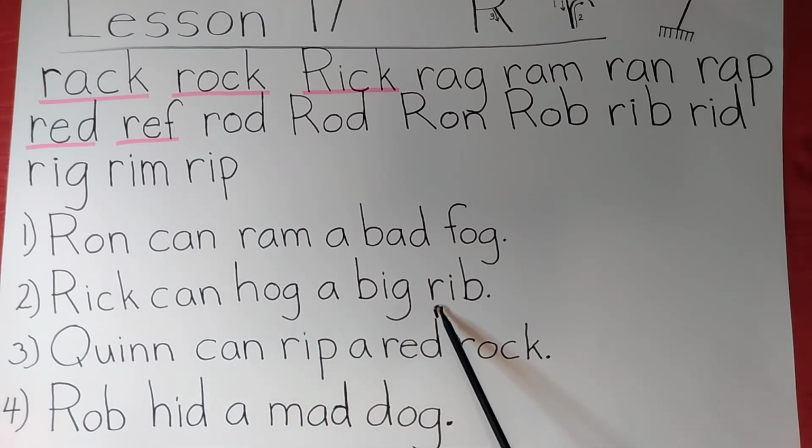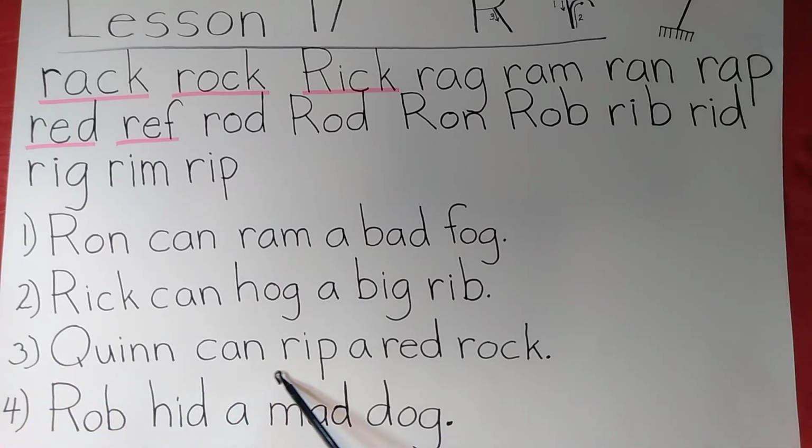And they may or may not know that a rib is not only something on our bodies that protects the lungs, but a rib can be something that is eaten. So here again, you might have to do some explaining. I, of course, would put true as an adult, that it's possible.